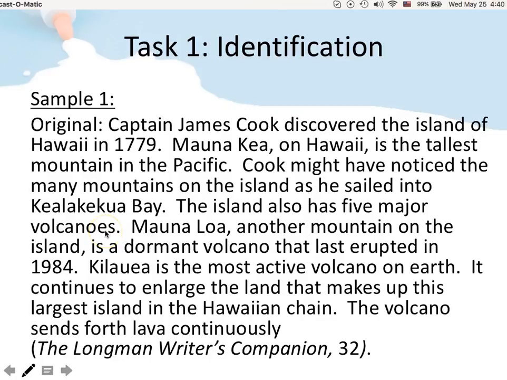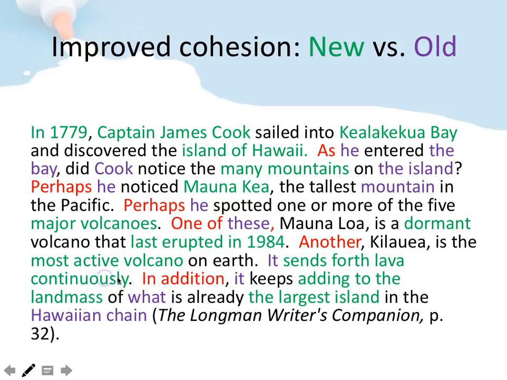And so there is some repetition. For example, the major volcanoes, another mountain, words like another, words like also, show some linking of ideas. But this could really be improved by using something we call the old new rule. So let me show that to you.